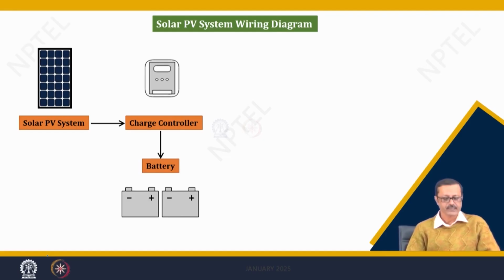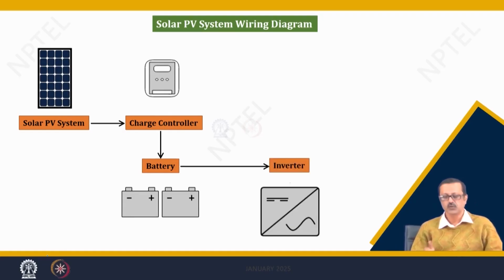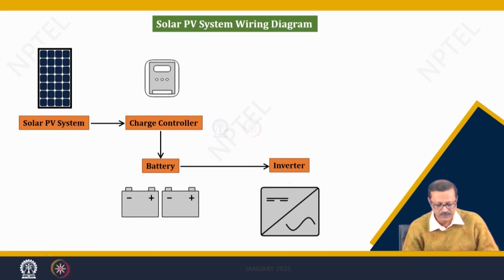So, the battery will be fully charged after some hours of operation by this charge controller and from the PV, and from the battery it goes to the inverter. Now, this is one of the important things: why do I need an inverter?